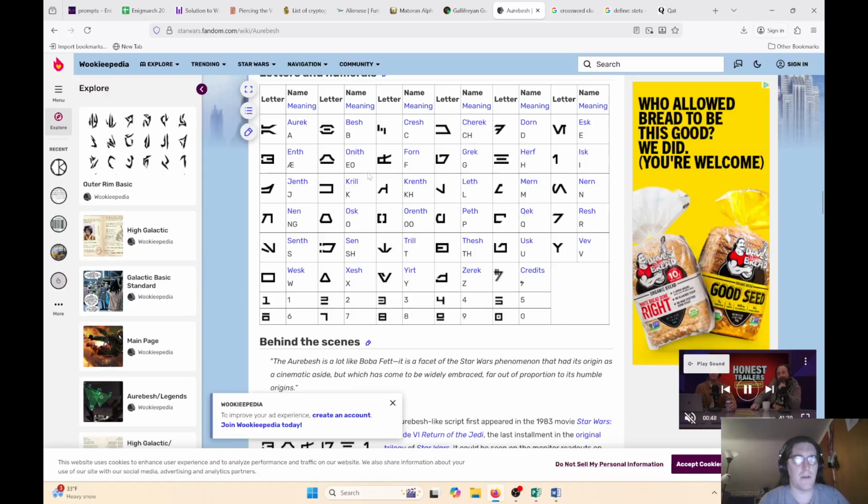What does C and V look like in... I wonder.